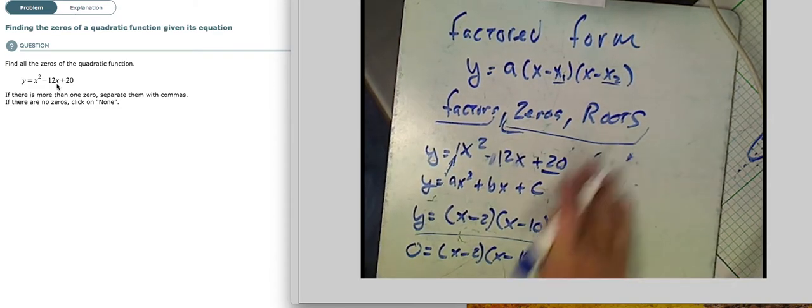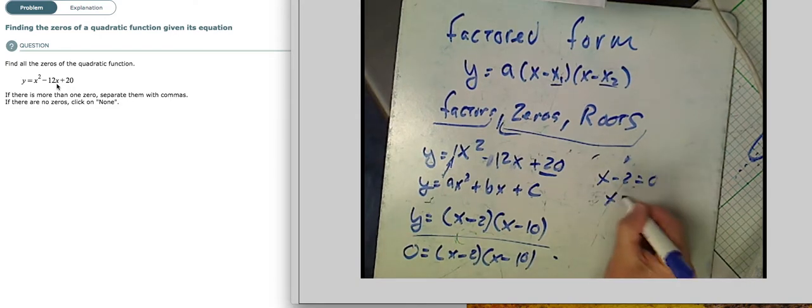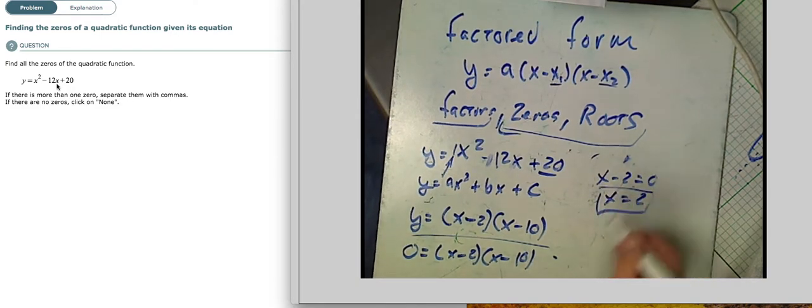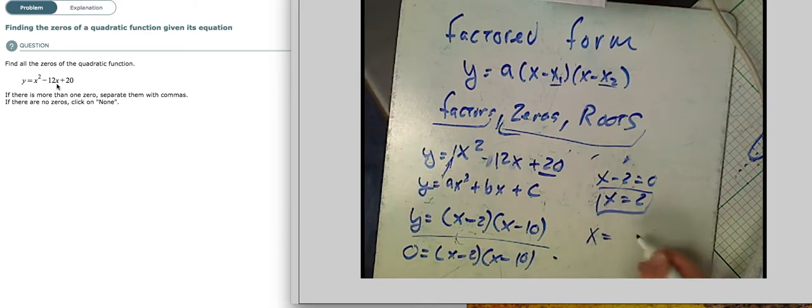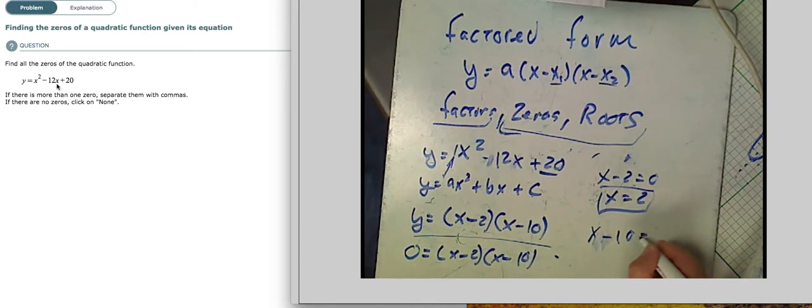So let's look at that. x minus 2 equals 0, so x is going to equal positive 2. And x minus 10 equals 0, so x will equal 10.